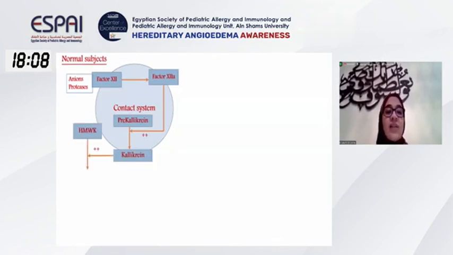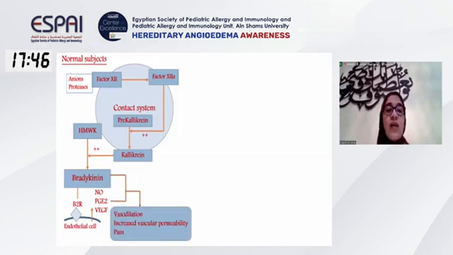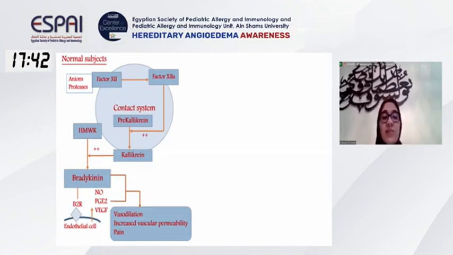The kallikrein will then work on the high molecular weight kininogen, stimulating the production of bradykinin. The bradykinin will then join its receptor, bradykinin 2 receptor, on the endothelial cell and interact with the vascular endothelial growth factor and stimulate the release of nitric oxide and prostaglandin E2, ending in vasodilation, increasing vascular permeability, and mediating pain.